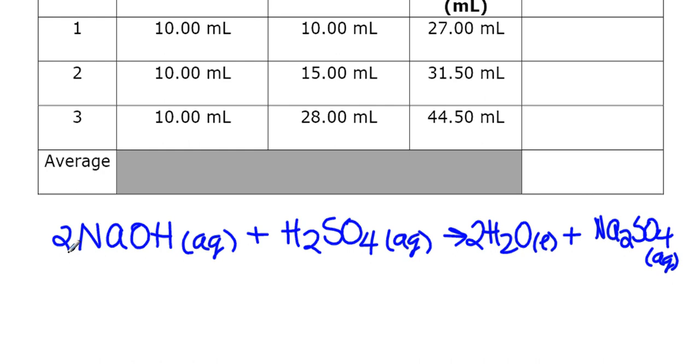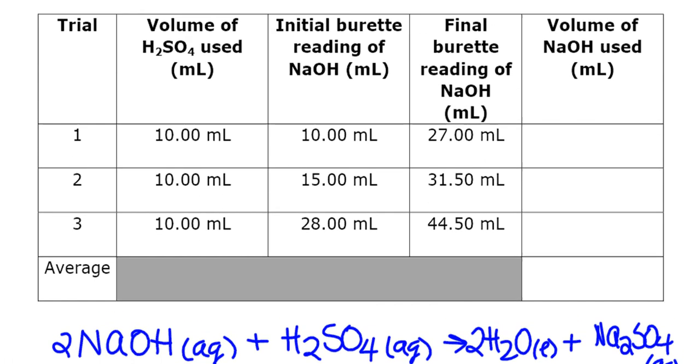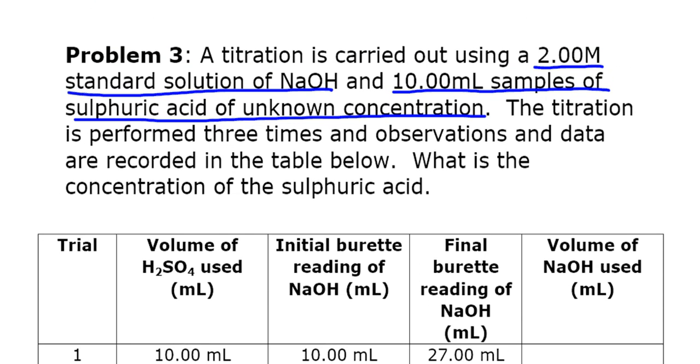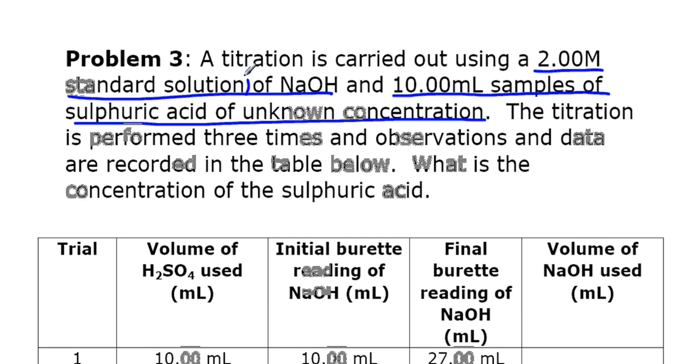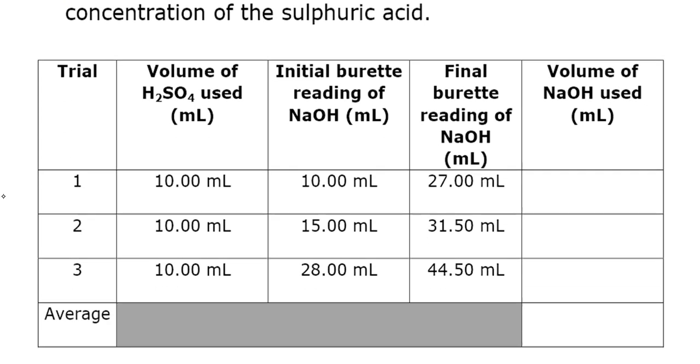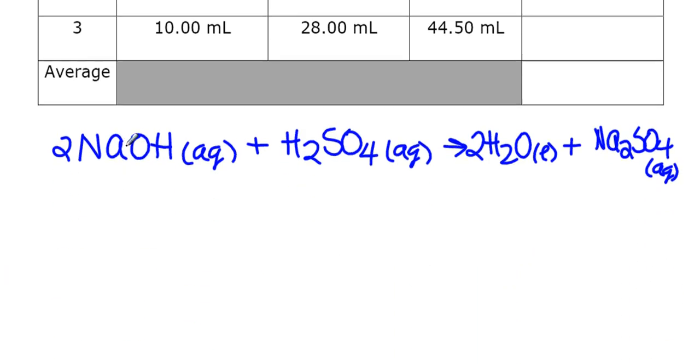We've got our base and we've got our acid. In the question, if we take a look back up at the top, there's a key word here that was used. It said standard solution. Standard means we know the concentration of it, and we were told it here. So here, the sodium hydroxide, for reference, this is our titrant.